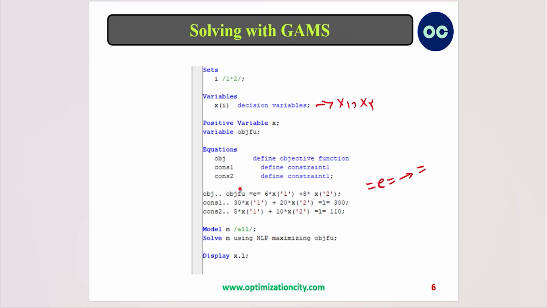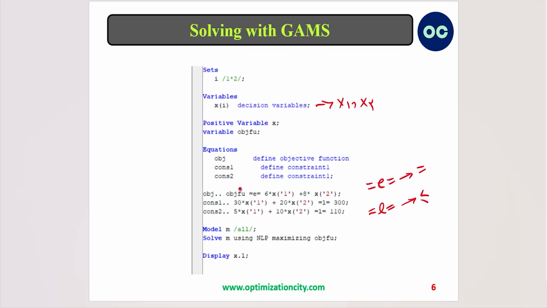Constraint 1: 13x1 plus 20x2 is less than or equal, L, to 300. And for constraint 2, 5x1 plus 10x2 is less than 100.